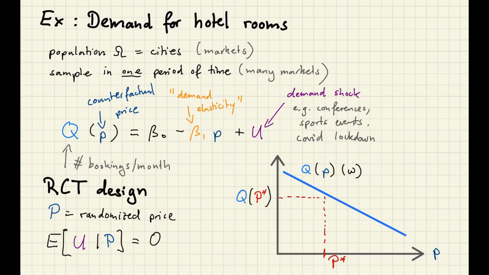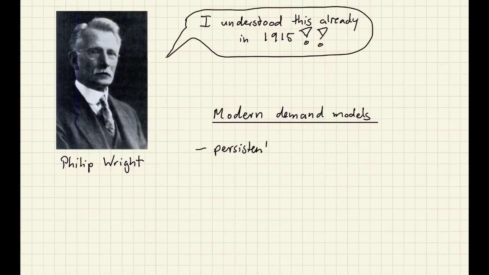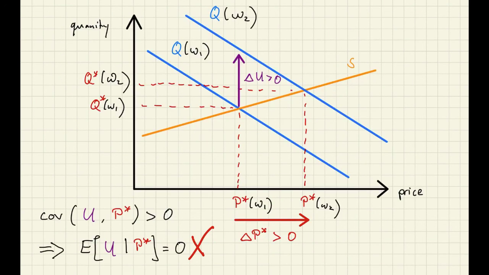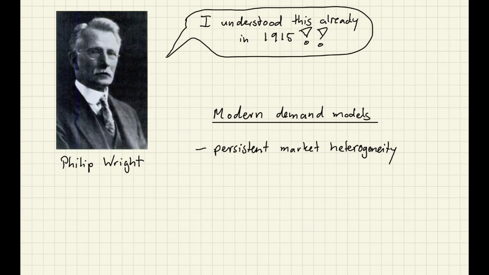So we would like to have persistent heterogeneity between markets. Next, note that we were talking about the demand for a generic hotel room and the price for all hotel rooms was the same. That is not very realistic because there will be different kinds of hotel rooms. There will be very simple accommodations, or there will be luxury resorts, and they will all cost differently. So we didn't have any kind of product differentiation.